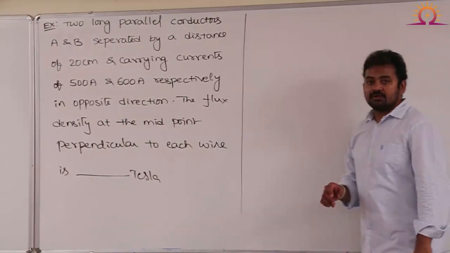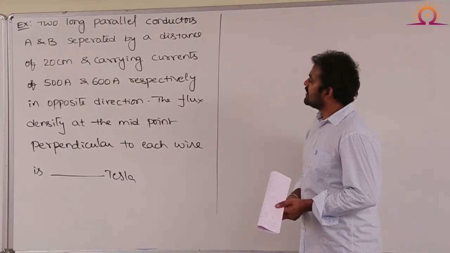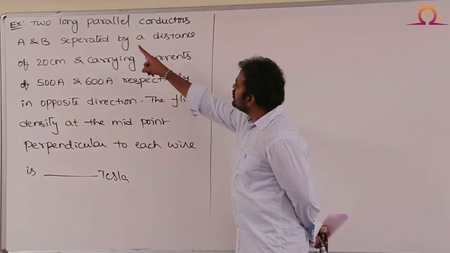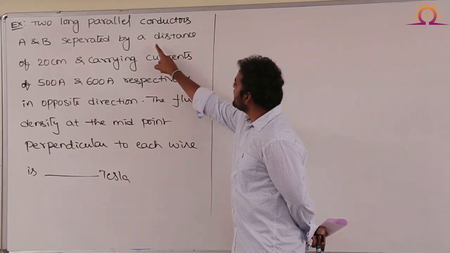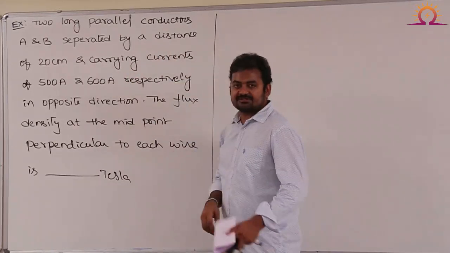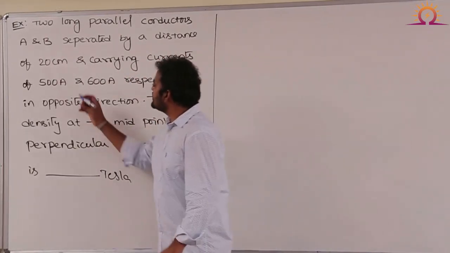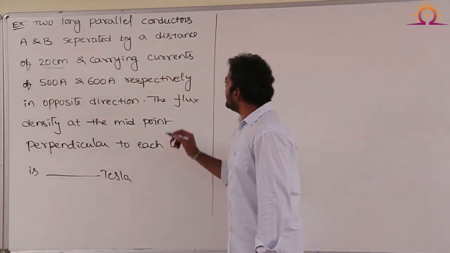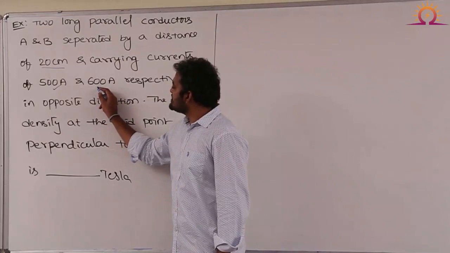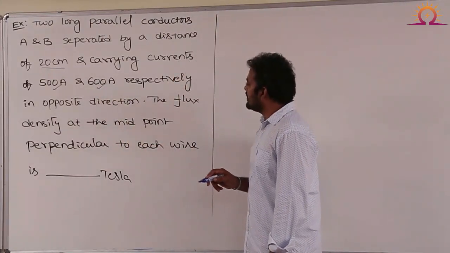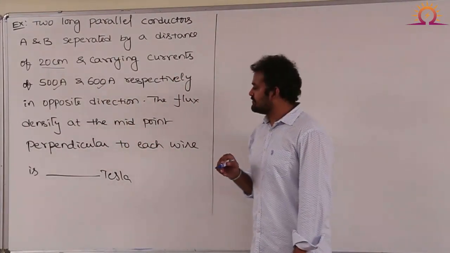Now in this example, let me read the problem. Two long parallel conductors A and B separated by a distance of 20 centimeters. The distance between the two conductors is 20 centimeters. Carrying currents 500 amperes by one conductor, 600 amperes by another conductor, respectively in opposite direction.